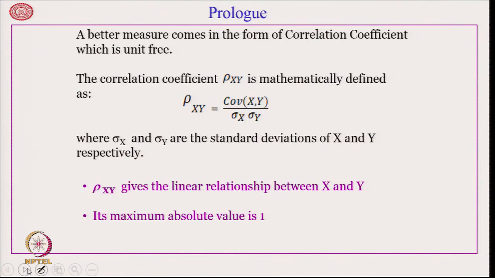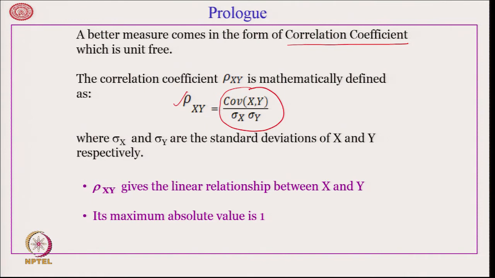Hence, a better measure comes in the form of the correlation coefficient, which is unit free, and it is typically denoted by the symbol rho, and rho x y is defined as covariance of x y divided by sigma x sigma y, where sigma x and sigma y are the standard deviations for x and y.